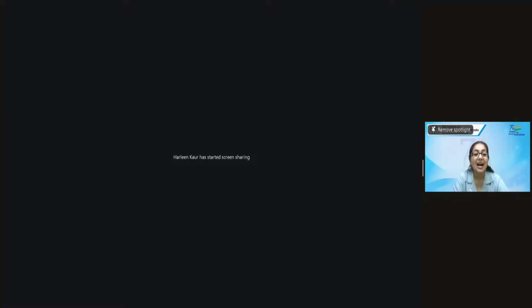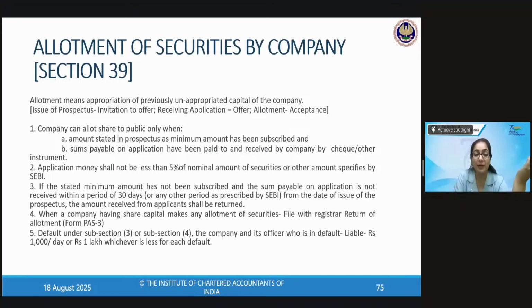A company can allot the shares to the public only when the amount stated is received. Now, what does allotment mean? Appropriation of the unappropriated capital of my company. So I have 1 lakh shares, out of which 90,000 shares have already been subscribed.